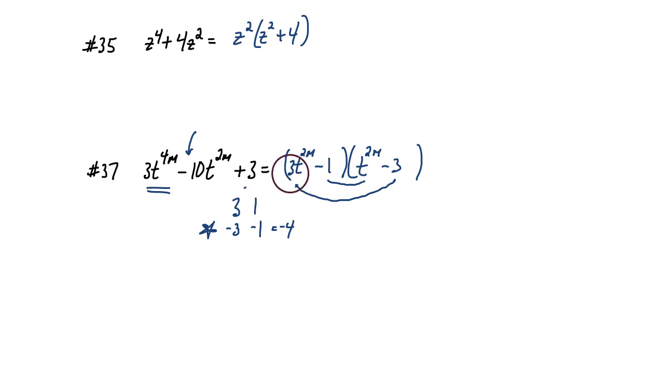Our outer product is 3t to the 2m times -3, which makes -9t to the 2m. Our inner product is -1 times t to the 2m, which is -1t to the 2m. And when you combine these together, it makes -10t to the 2m. That does fit what we were trying to create. So this is the correct spot to put the -1 and the -3.